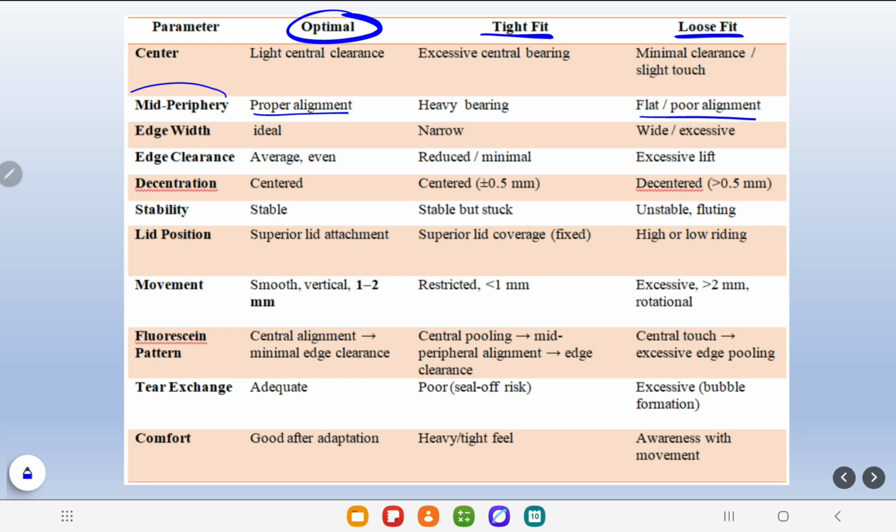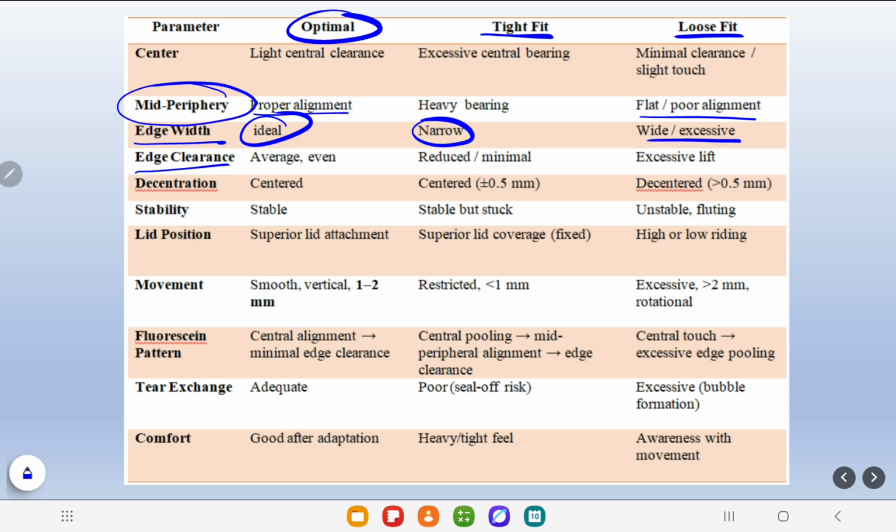But mid periphery is always a less defined area, while edge width and edge clearance are both very important. In optimal, they are ideal. In tight fitting, edge width is very narrow, and in loose fitting, edge width is excessively wide.